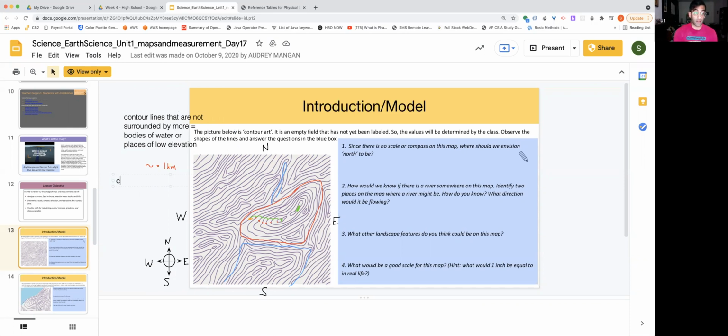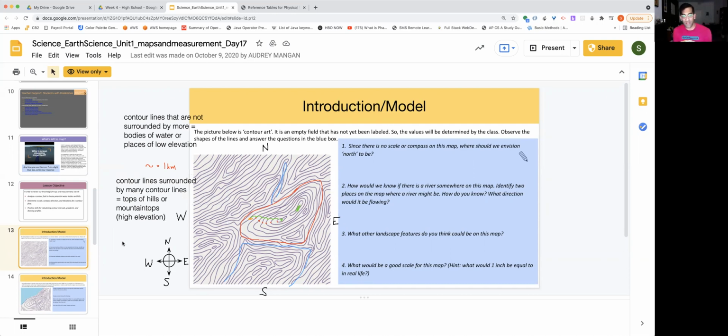On the other hand, contour lines surrounded by many contour lines represent tops of hills or mountain tops. In other words, places of high elevation. And this is the way that we read a contour map.